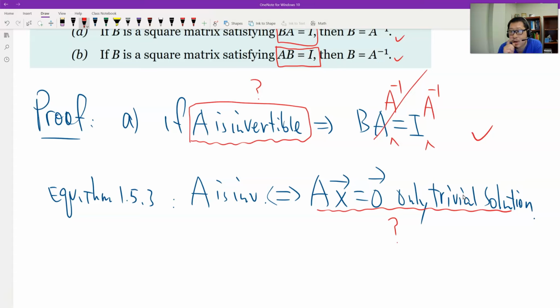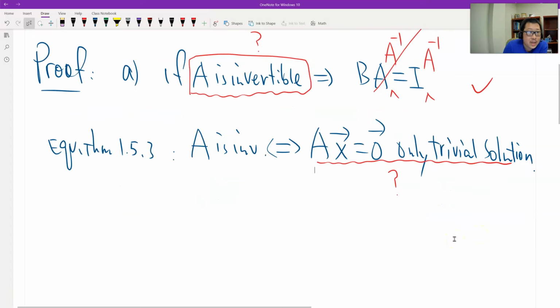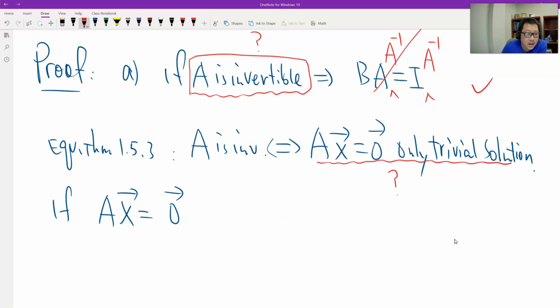Because I know B times A equals I, if X is a solution of this linear system, I can left multiply by the matrix B. If A times X equals 0, I multiply B on both sides.